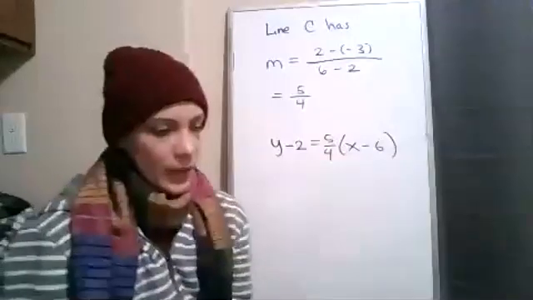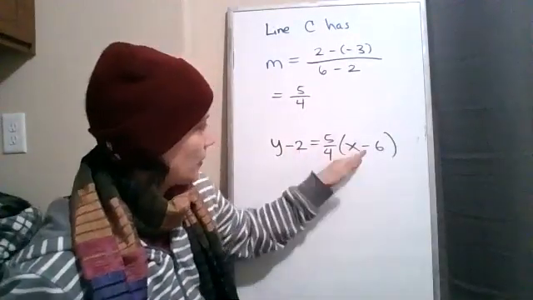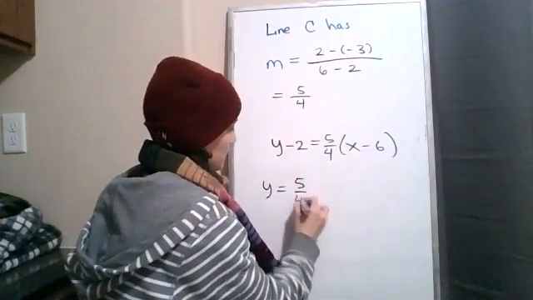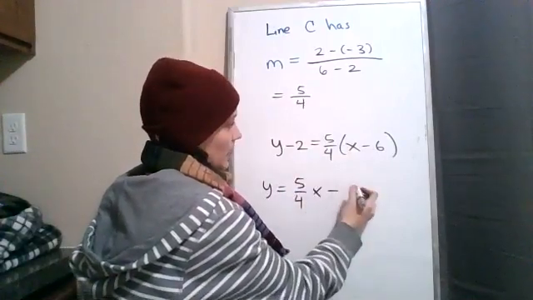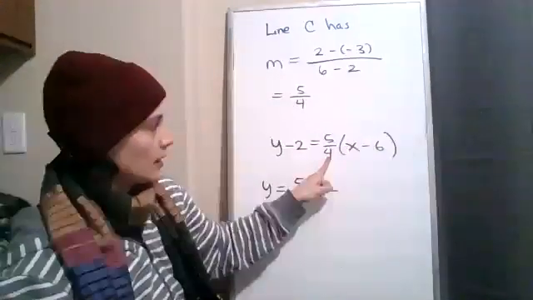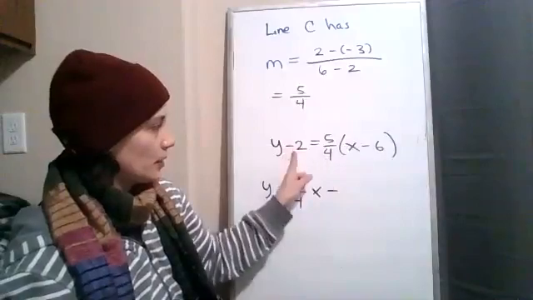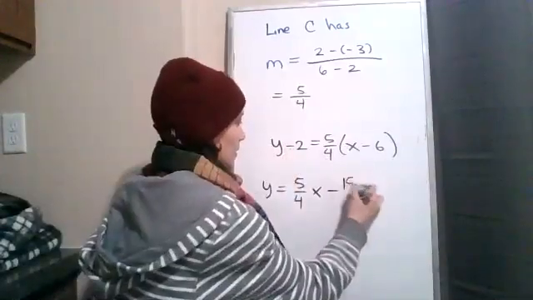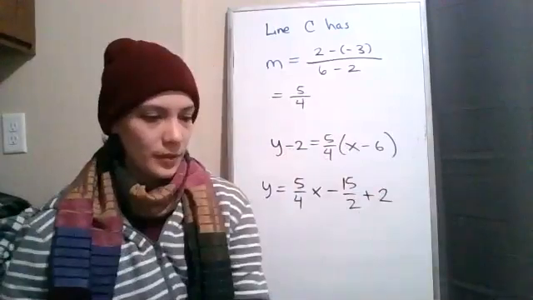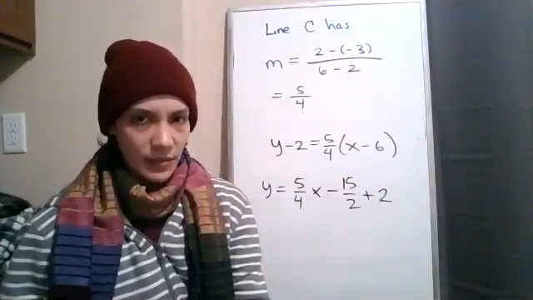And then I just solved for y. So I got 5 fourths x minus, let's see, this will reduce, leaves a 2 down here, 15 over 2 plus 2. I got negative 11 over 2.